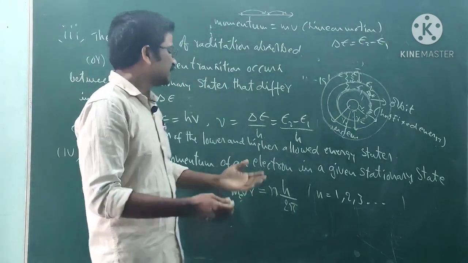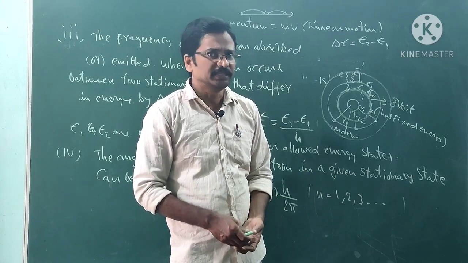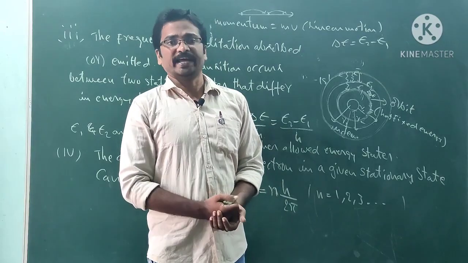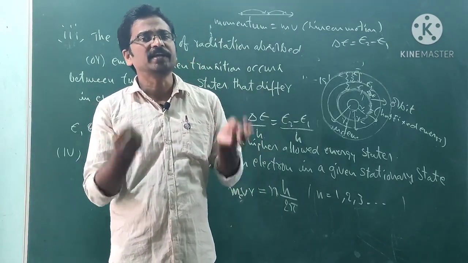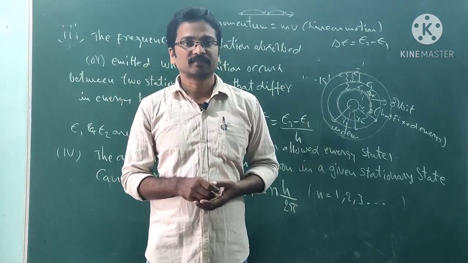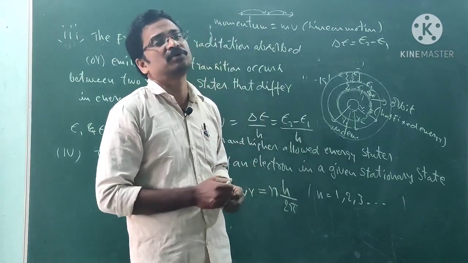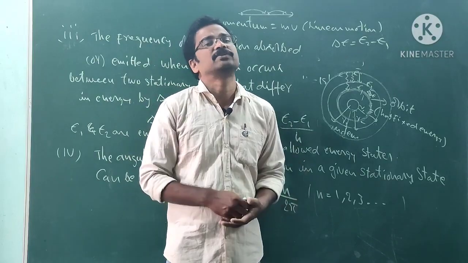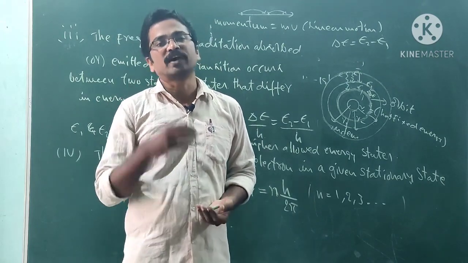mvr is equal to nh by 2 pi. What is the meaning of nh by 2 pi? How can you prove mvr is equal to nh by 2 pi? In intermediate we simply learn that angular momentum mvr is equal to nh by 2 pi. The detailed explanation of how it is possible you can learn in higher classes of quantum mechanics.